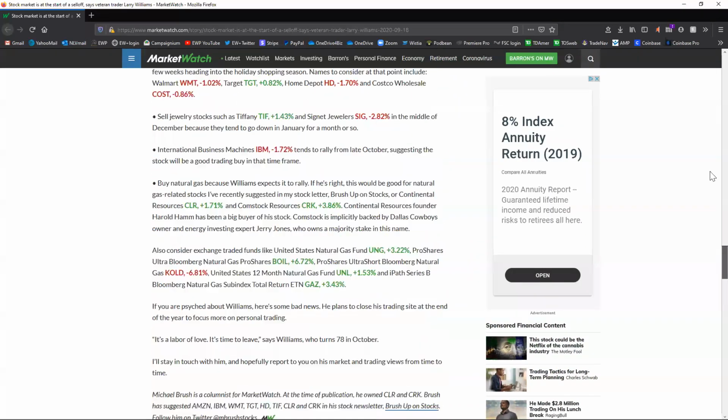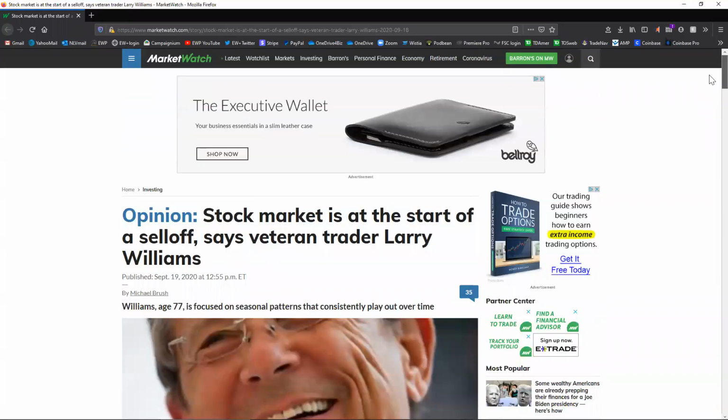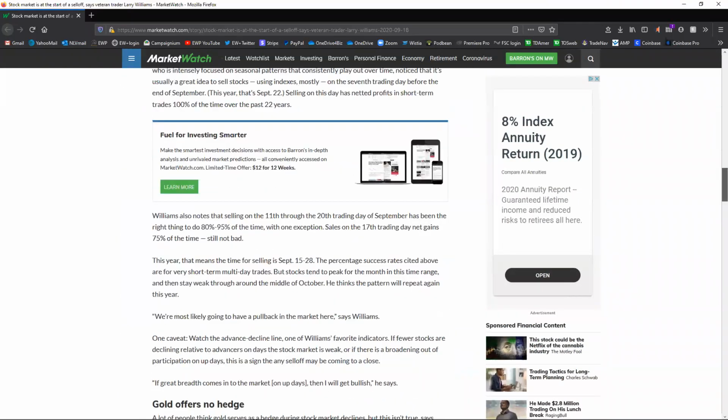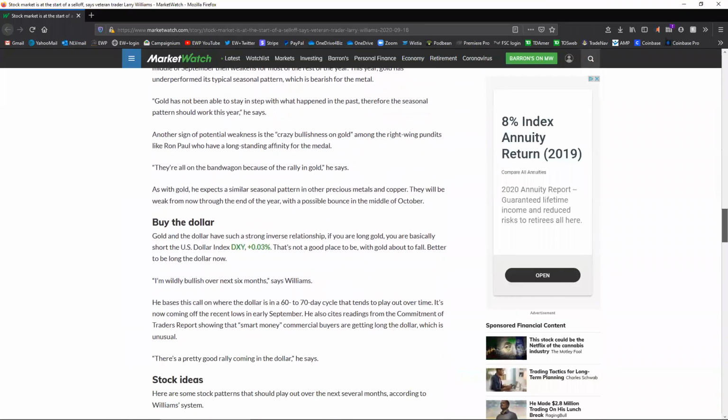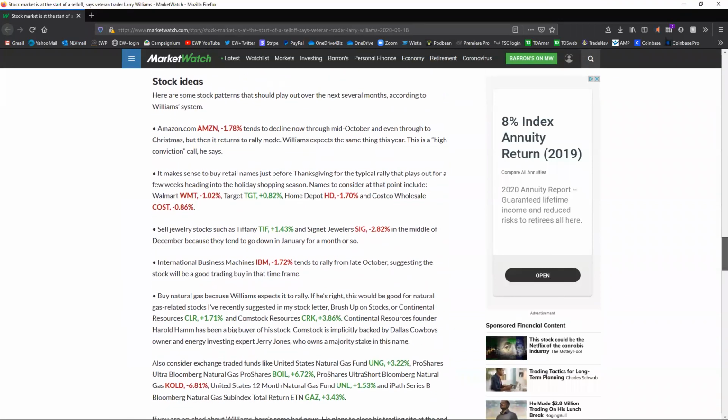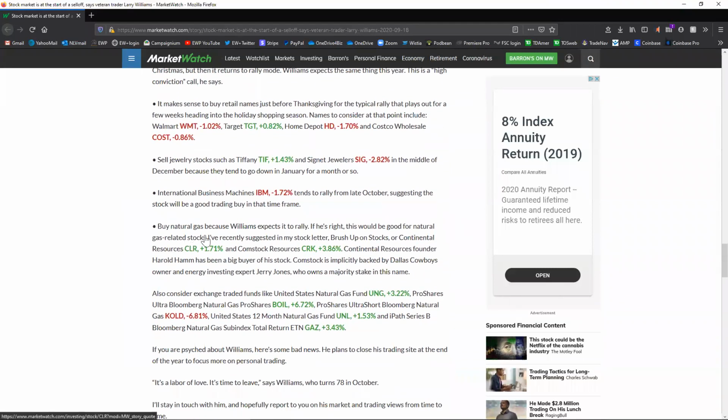It gives some specific information there. I don't know how old this article is, or when the information was gathered for it. He's talking about being long natural gas, but I think that might have already played out for now, and he was right about it.